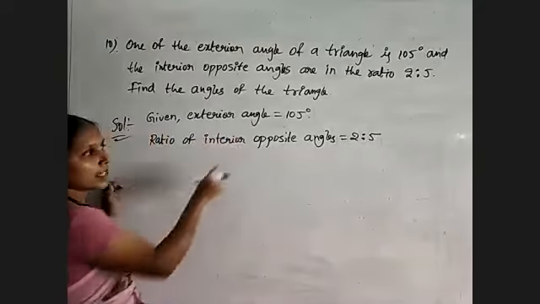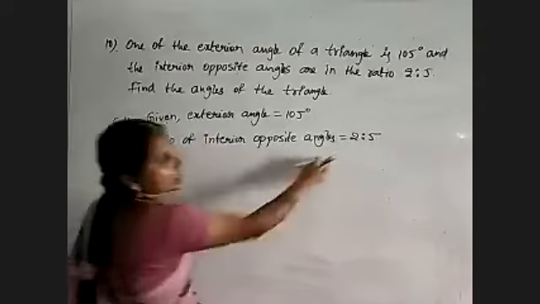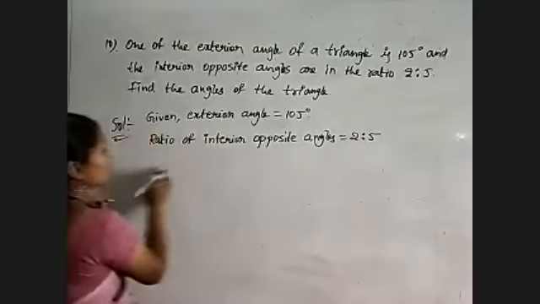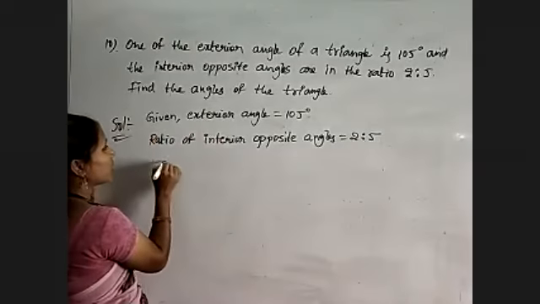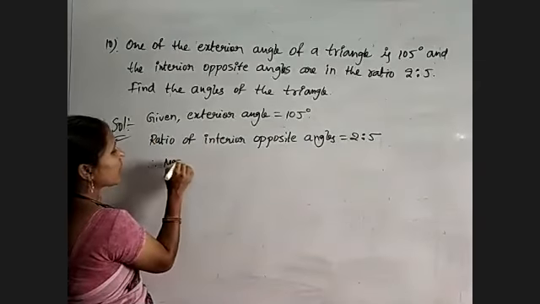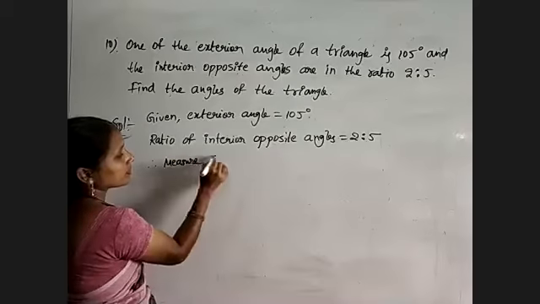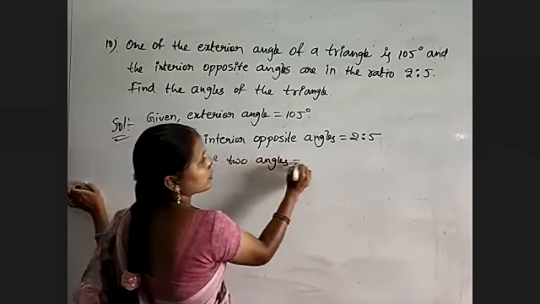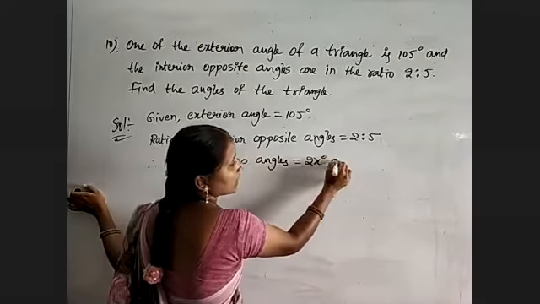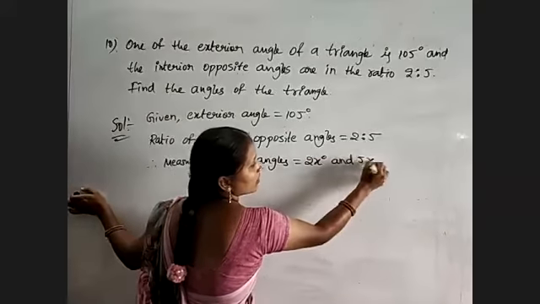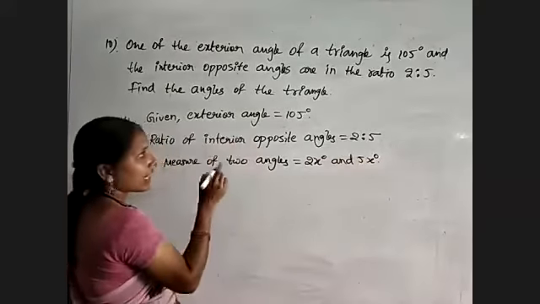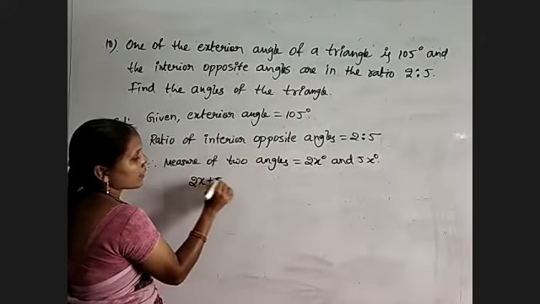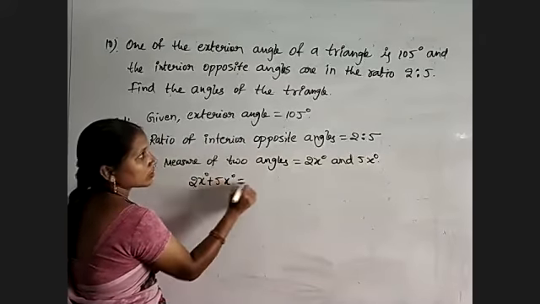That means the measure of the first interior opposite angle is 2x and the second one is 5x. So the measures of the two angles are 2x degrees and 5x degrees. According to the exterior angle property, 2x plus 5x is equal to 105 degrees.